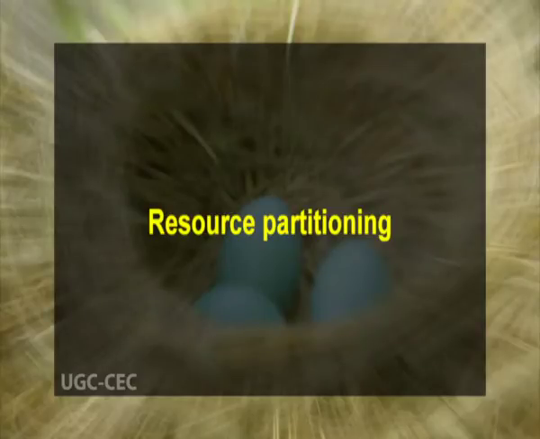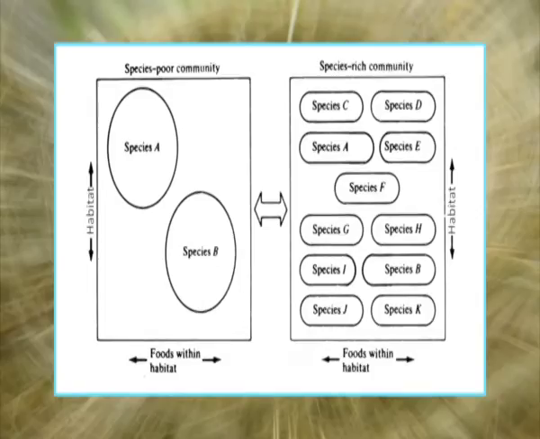Resource partitioning. Competitive exclusion may be avoided if one or both of the competing species evolves to use a different resource, occupying a different area of the habitat or feeding during a different time of day.